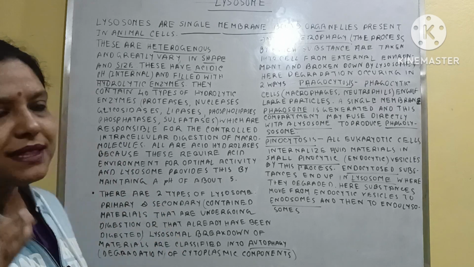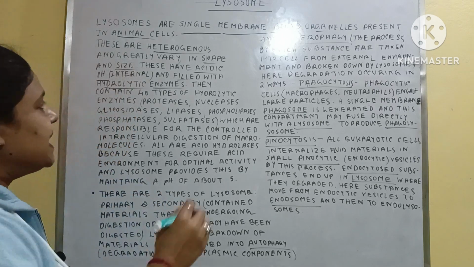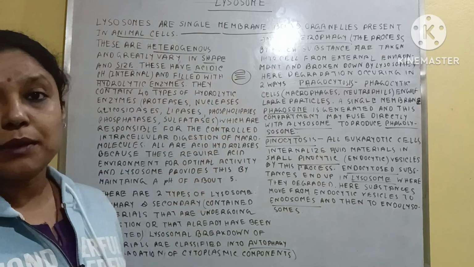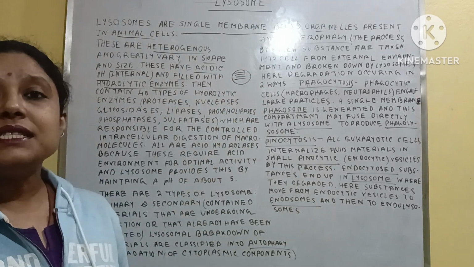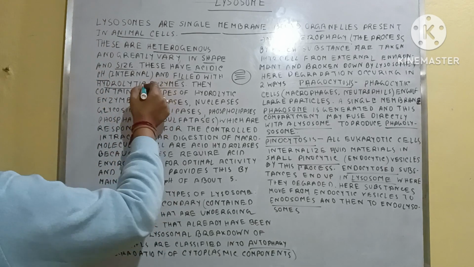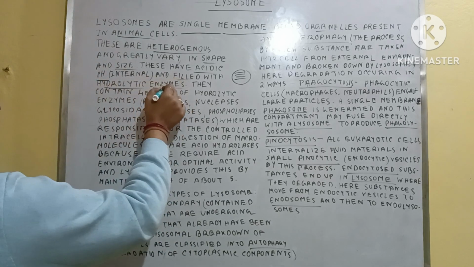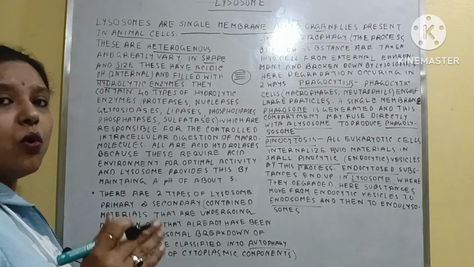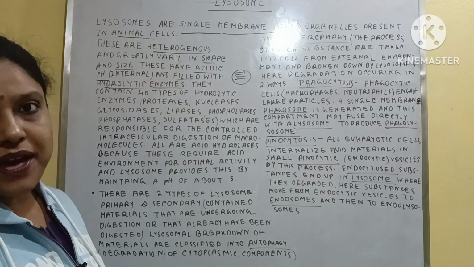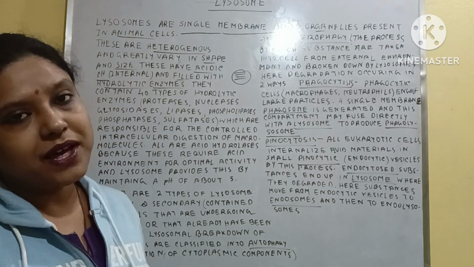Now I have to say why the internal portion of the lysosome, that is the pH of the lysosome, is an acidic medium: because there are many enzymes. These are hydrolytic enzymes. They act only in the acidic medium, not in the alkaline environment.